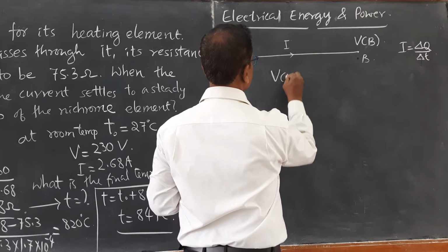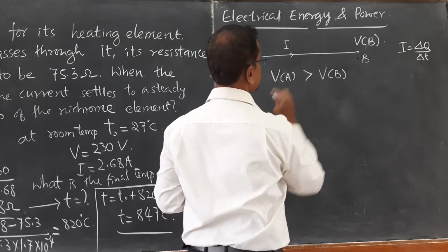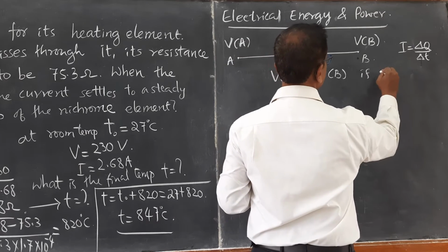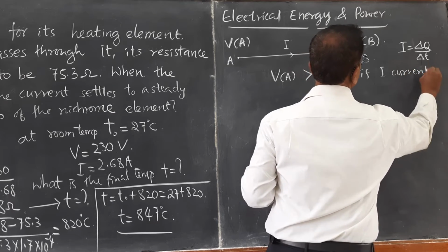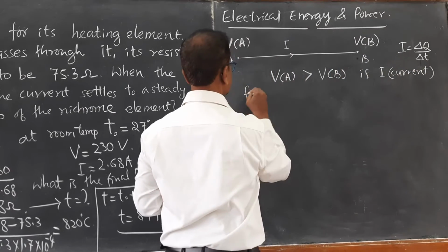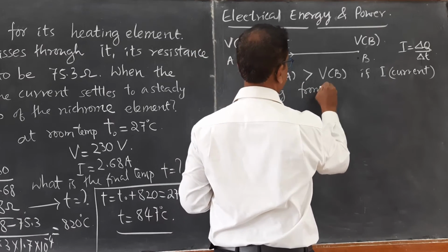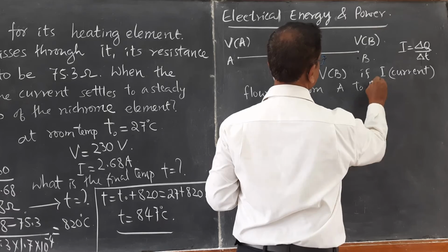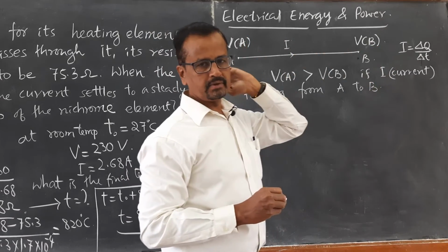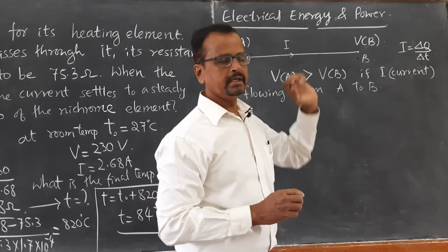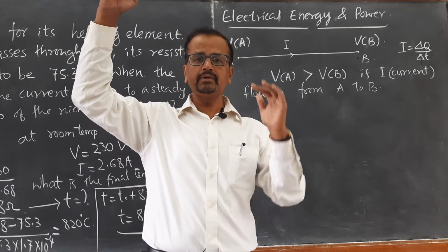VA, potential at A, must be greater than potential at B. If I is the current flowing from A to B, it means A should be at higher potential than B, so that the charges can flow from A to B. It is just like the water can flow from higher level to lower level.